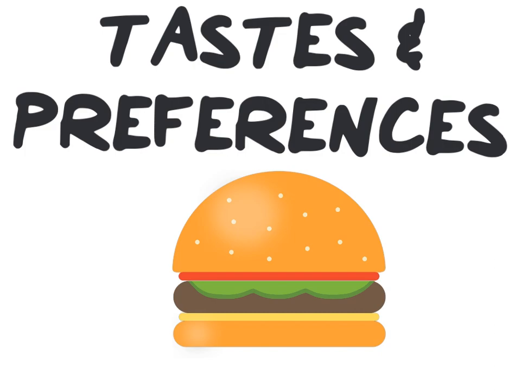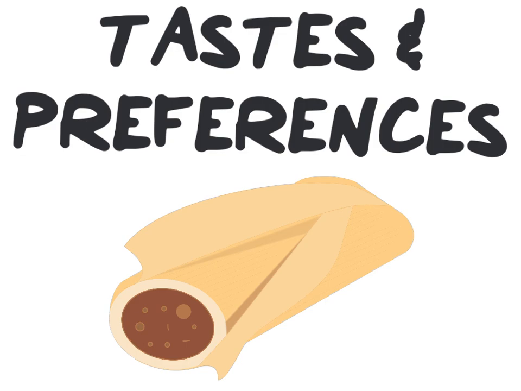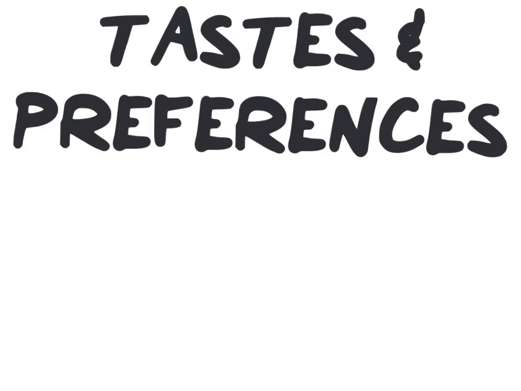Next up, let's take a look at tastes and preferences. Let's consider 2 examples in explaining how tastes and preferences can lead to a decrease in the quantity demanded of burgers. Suppose that consumer preferences change from burgers to burritos. As more consumers now consume burritos as opposed to burgers, the demand for burgers will therefore decrease.